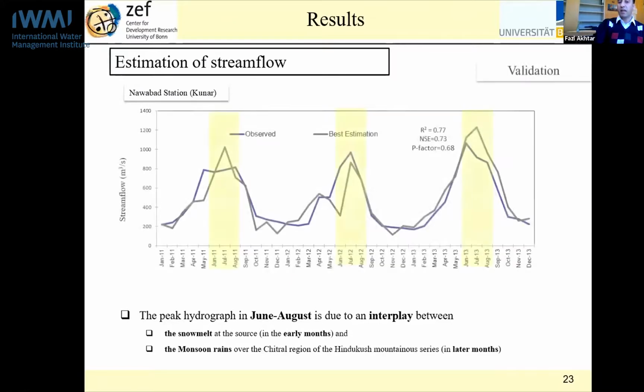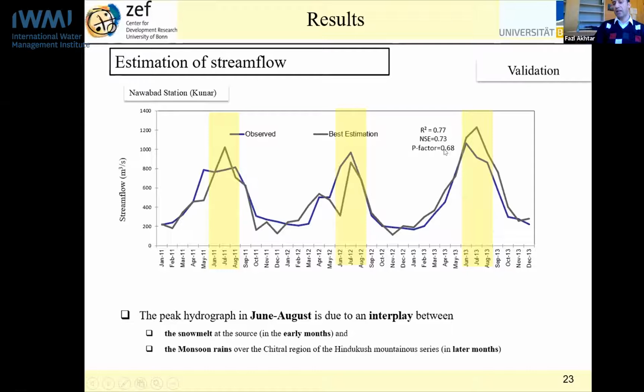Okay, considering the same station, we validated the 6 stations, and again the same station we use as an example for validation. Upon carrying out the validation while updating the sensitive parameters, the R square value was 77%, and the Nash-Sutcliffe efficiency was 73%.